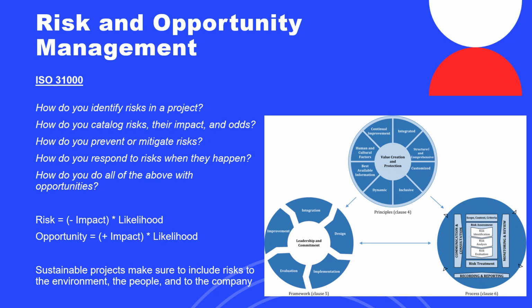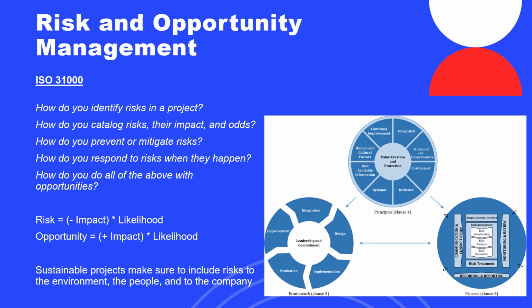Finally, risk and opportunity management in ISO 31000. This has to deal with how you identify risks in a project, how you catalog the risks and understand both their impact and the probability of them happening. It also has to deal with how you mitigate the risks or how you try to prevent them from occurring in the first place.